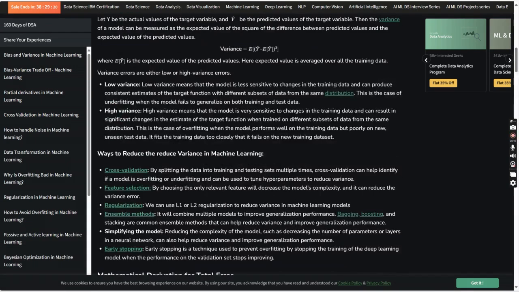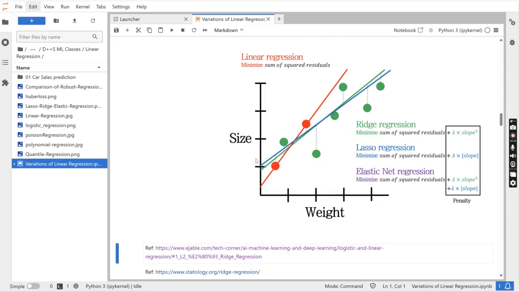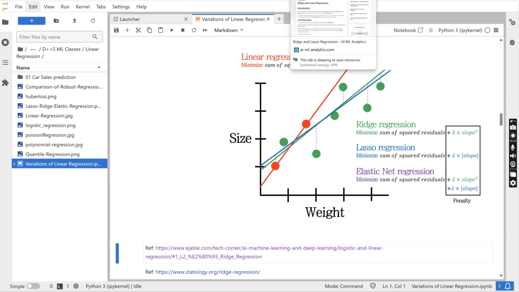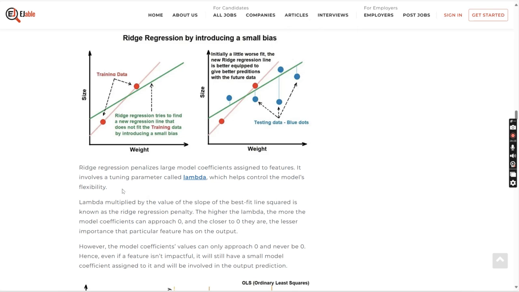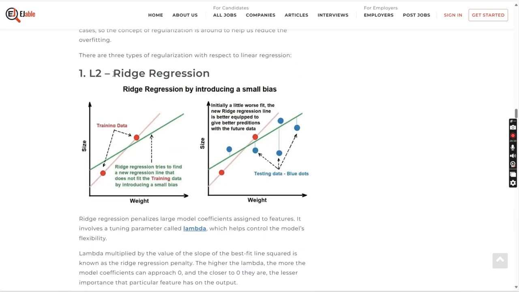Now, in that case, that is where your lasso regression can come in handy. So it can help you understand how much of impact can be reduced. Whenever your model overfits or underfits, you can use regularization, we call it.